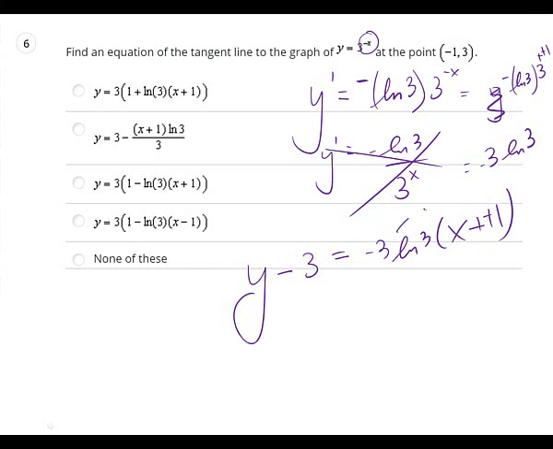All right, let's see what happens when we distribute. So we got y minus 3 equals -3 natural log of 3 x minus 3 natural log of 3, right? Oh, I see what they did with it. They did weird things, okay? And then they took and they... Yeah, let's take, so here's, actually no, they didn't.